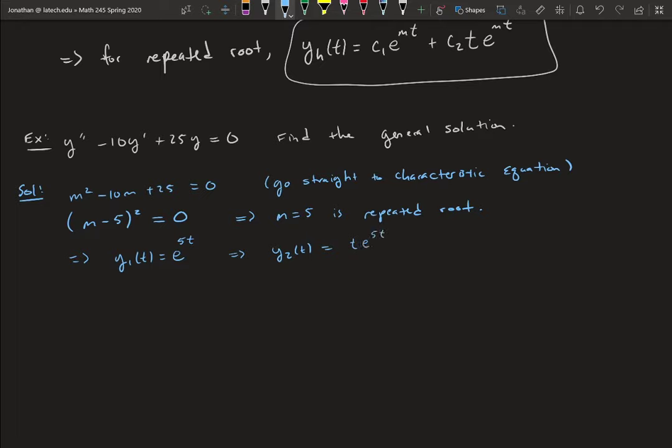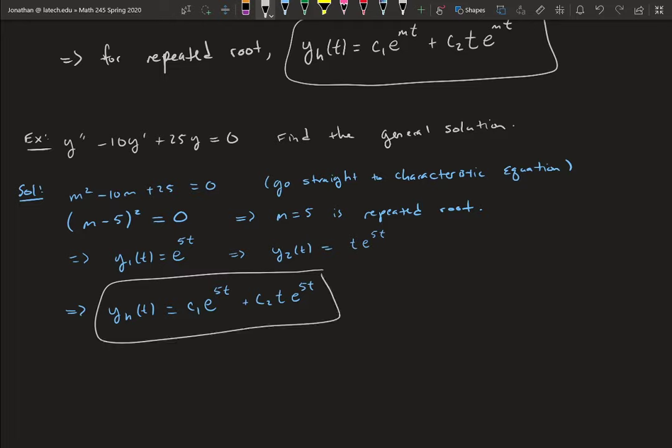So then the general solution, yh, is going to be c1 e to the 5t plus c2 t e to the 5t. That's our general solution. And if we had initial conditions, we would solve for c1 and c2.